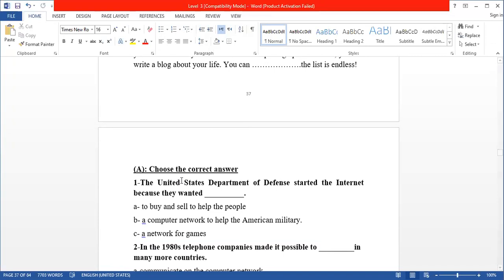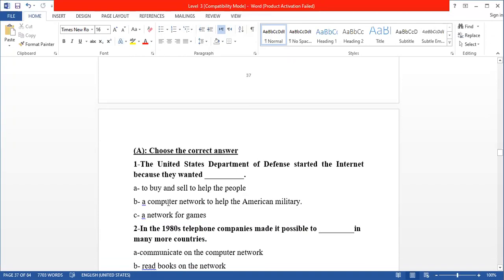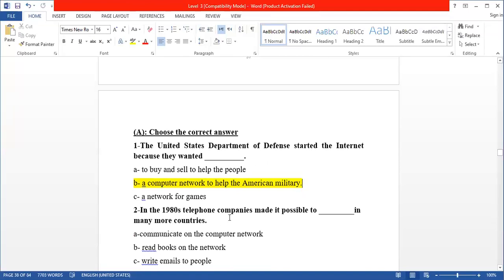The United States Department of Defense started the internet because they wanted, here we have three options: A, to buy and sell; B, a computer network to help the American military; C, a network for games. Which one is correct? B, a computer network to help the American military.